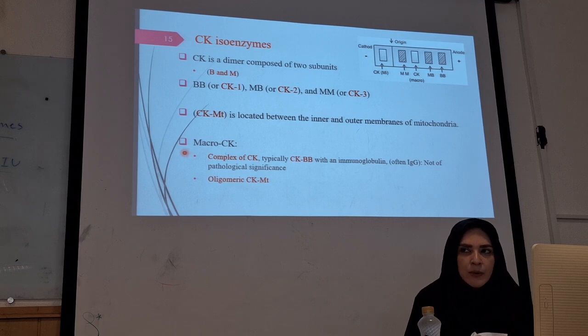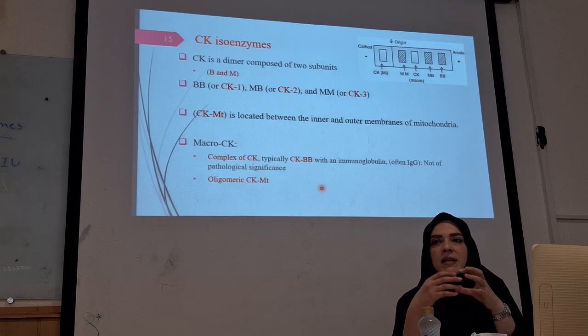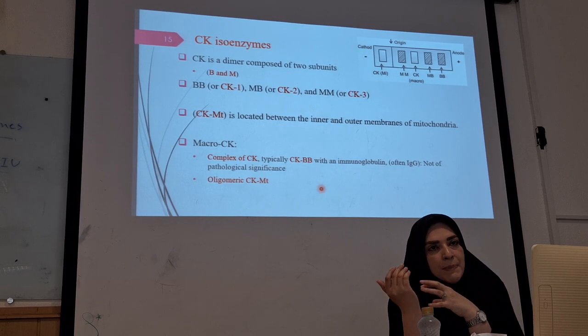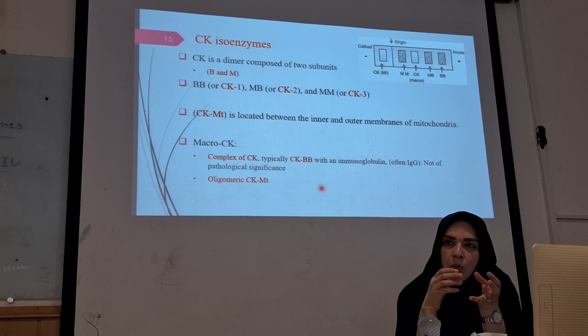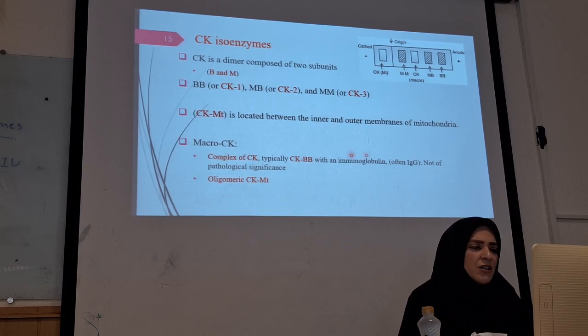In the next slide, I will show the tissue distribution in the muscles, especially in organs like a leg, like a hand. About the macro, sometimes it is BB with immunoglobulin and sometimes MB with immunoglobulin. And these are not of pathological significance.